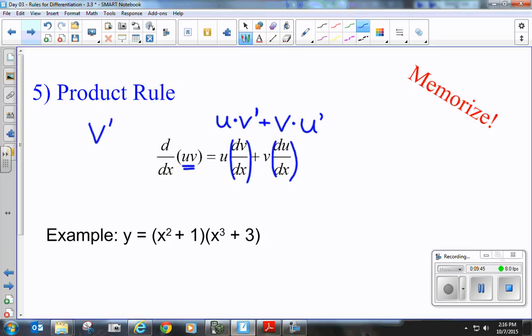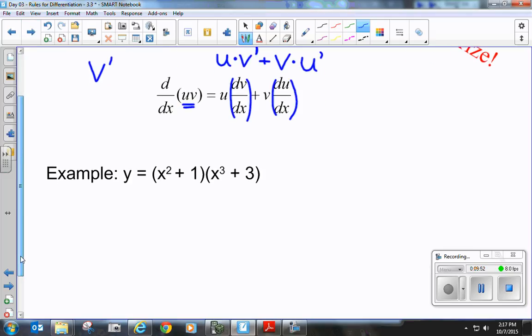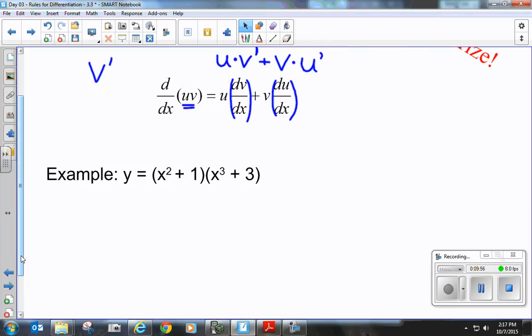And I have an example down here, because some of you guys are looking at it like you kind of understand it, but when we do the example, that's why I have examples with numbers. Okay, so here we go. Let's say this is our first one and this is our second one.